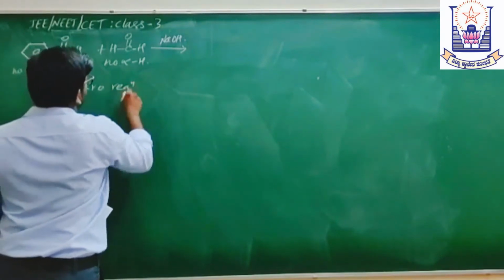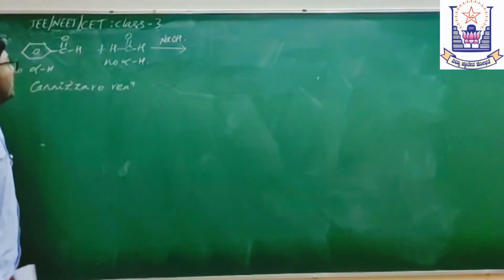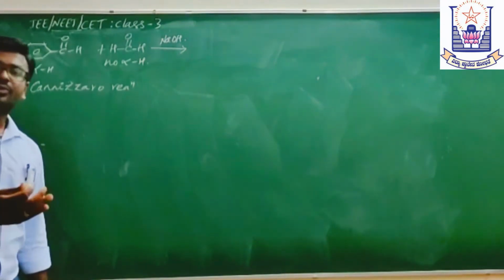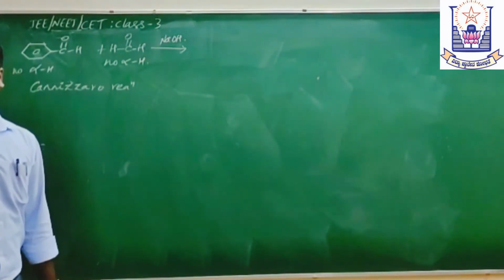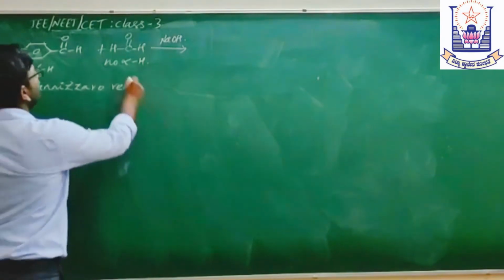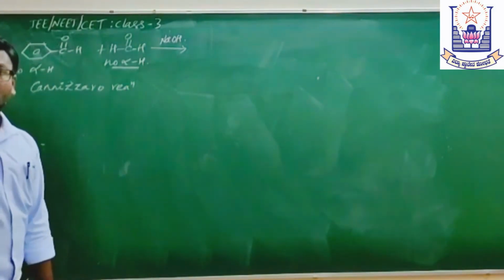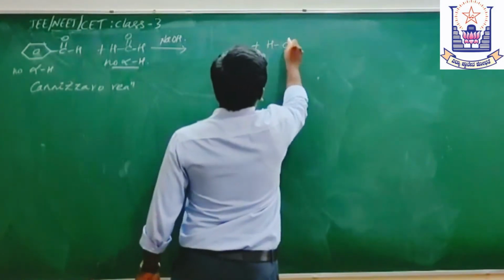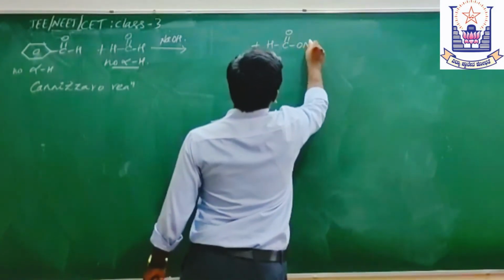Here, which one will undergo alcohol formation and which one will undergo carboxylic acid formation? Always the formaldehyde undergoes the carboxylic acid formation. Therefore, we get HCOONa.